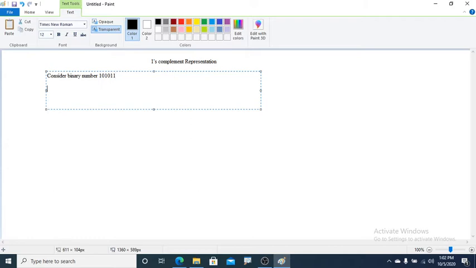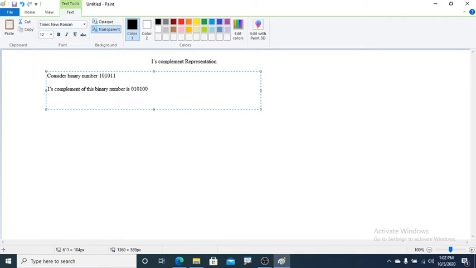So the one's complement of this binary number is 0111000.